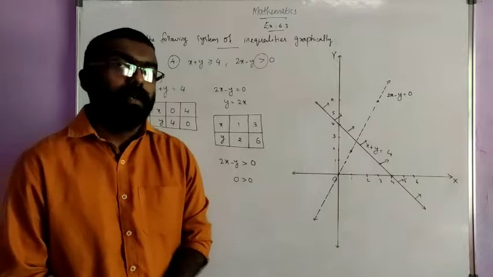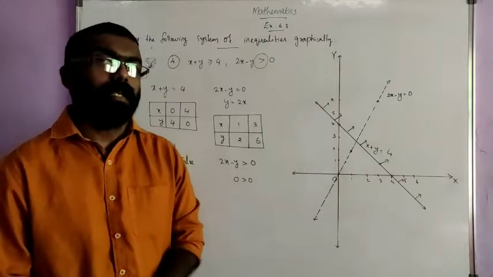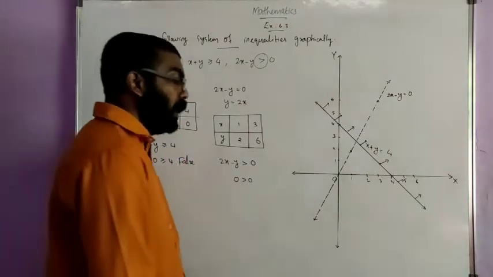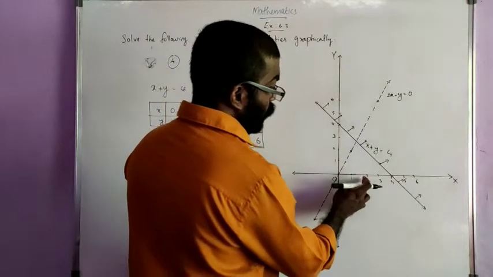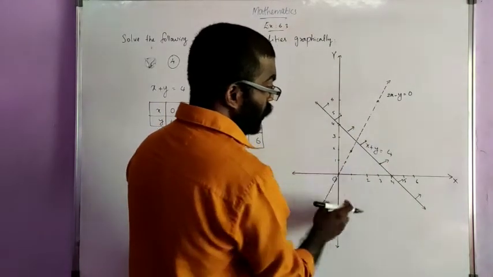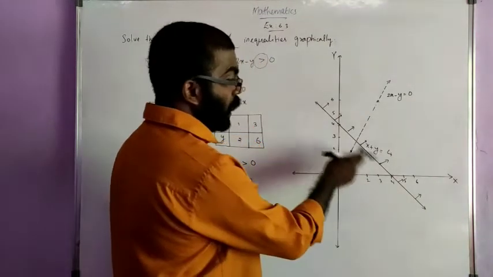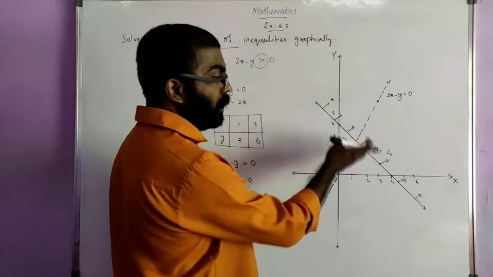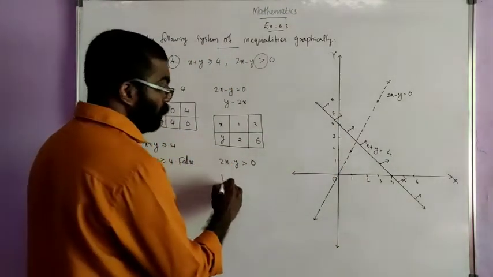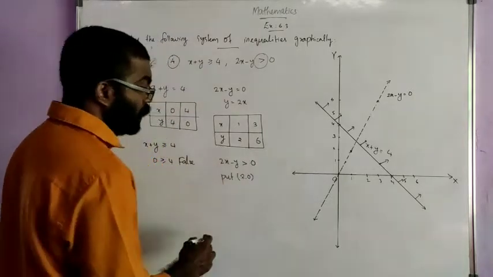In this case, we have to take any other point, that means a point other than 0, 0 on either of the half plane. Here we can take 2, 0. It is on the right part of this line, 2x minus y equal to 0. 2, 0, it's on x-axis. Or you can take any point on the y-axis or on the left part. Okay, no problem.